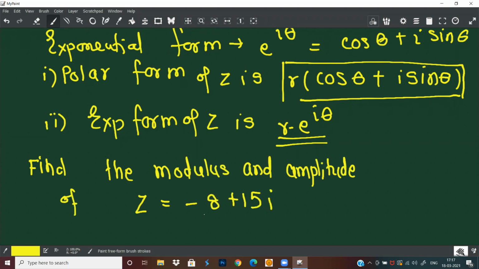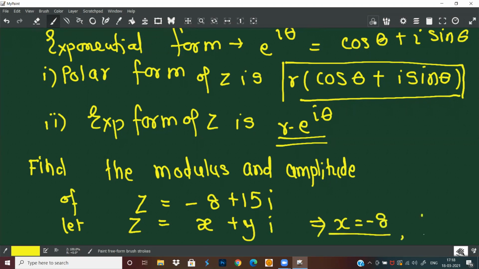The complex number is given to you as -8 plus 15i. So normally, how do we write the complex number? x plus yi. That gives you the value of x as -8, the value of y as 15. Is the first step clear to you all?